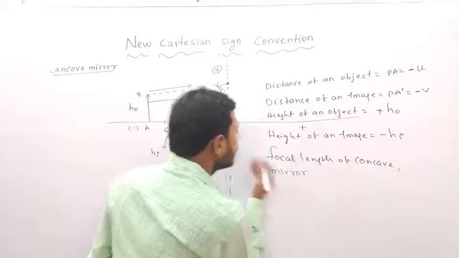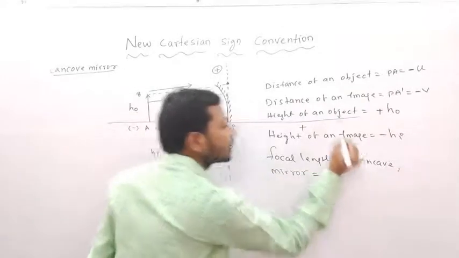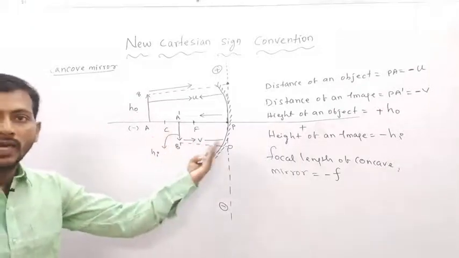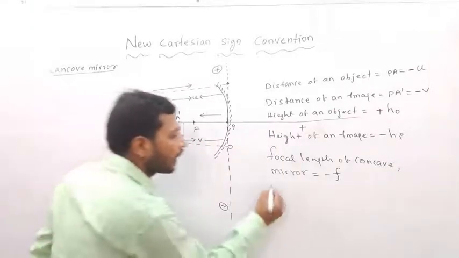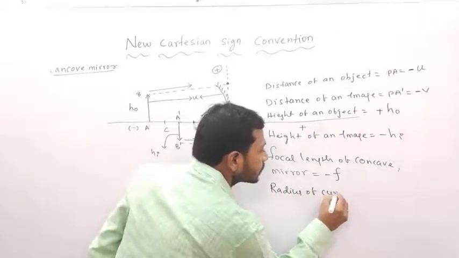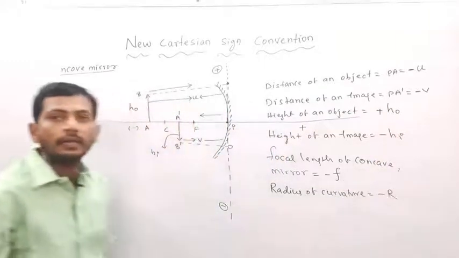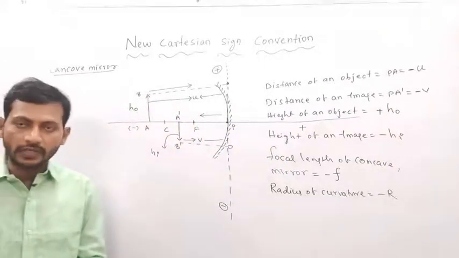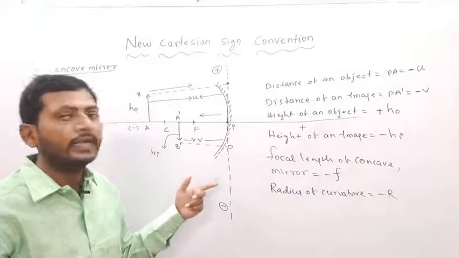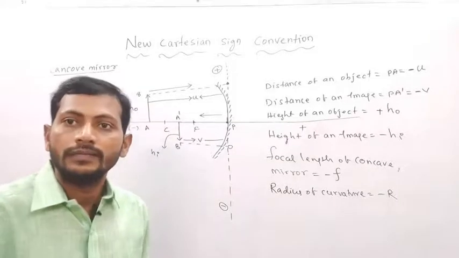Very good, because it is on the left side, that's why it is minus f. Again the same thing, the center is also on the left side only, that's why radius of curvature equals minus r, because that is also on the left side. Now we go on to discuss how we are going to apply the signs for the convex mirror.